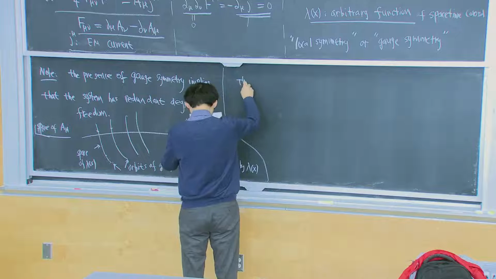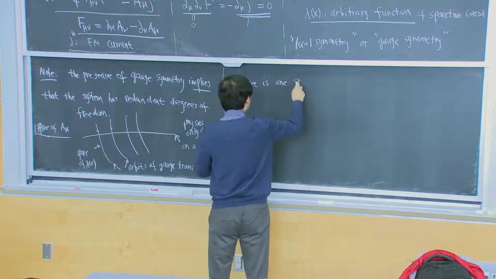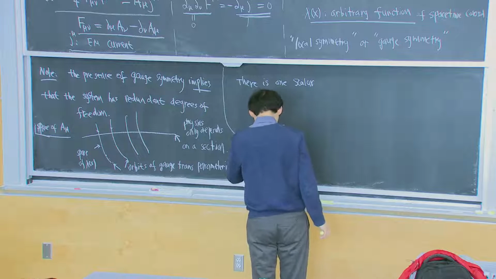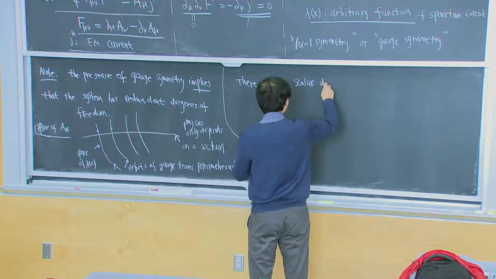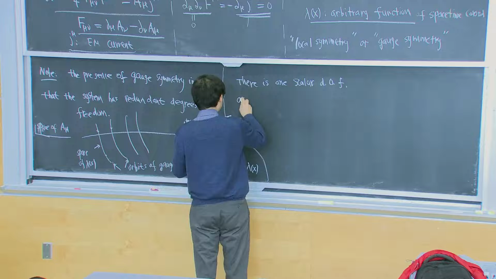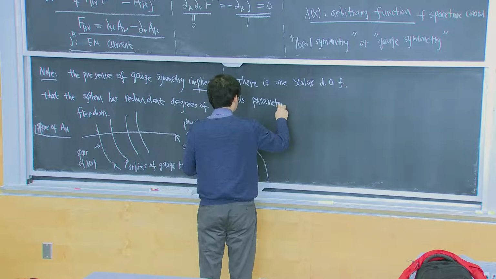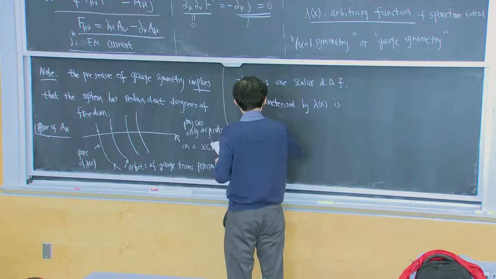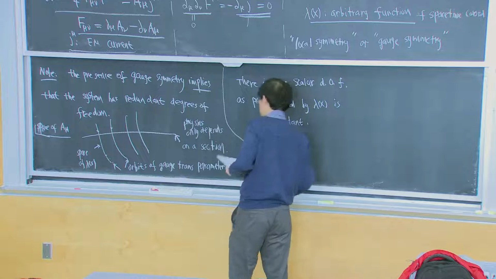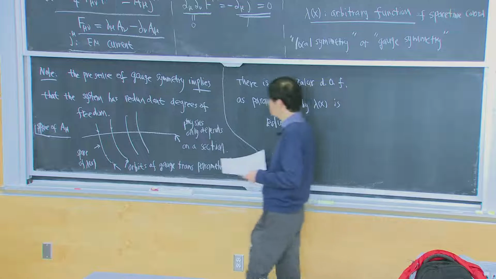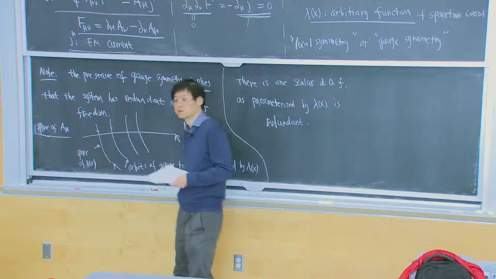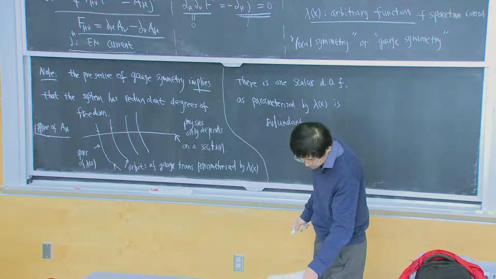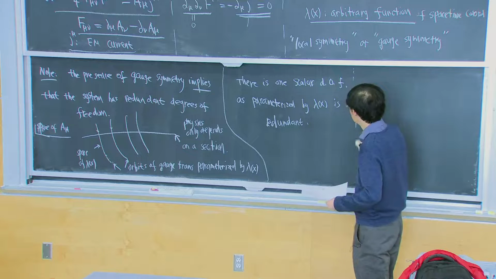So there's one scalar degree of freedom parameterized by lambda, and it is redundant, because any point on this orbit carries exactly the same physics. Any questions on this?